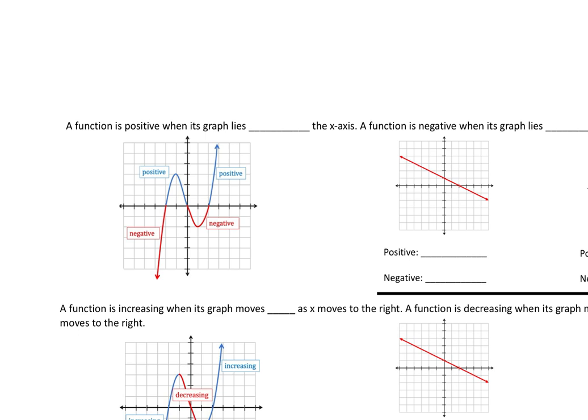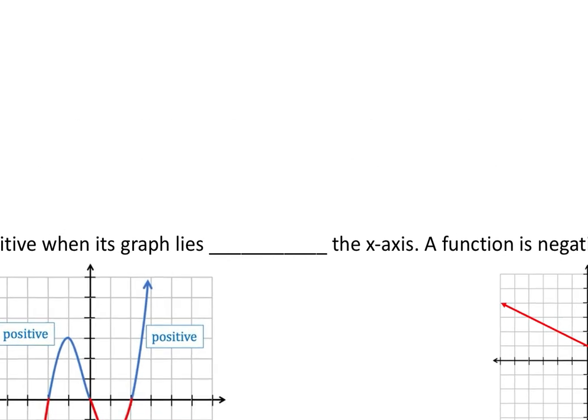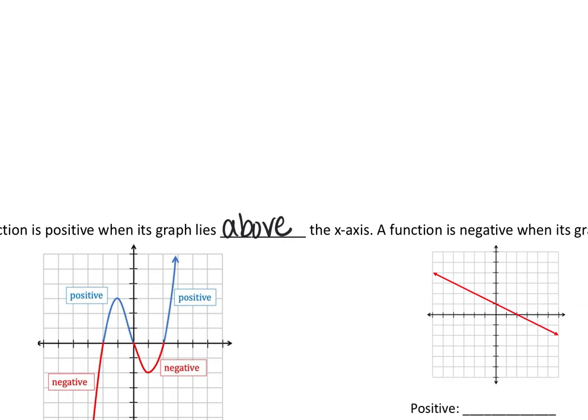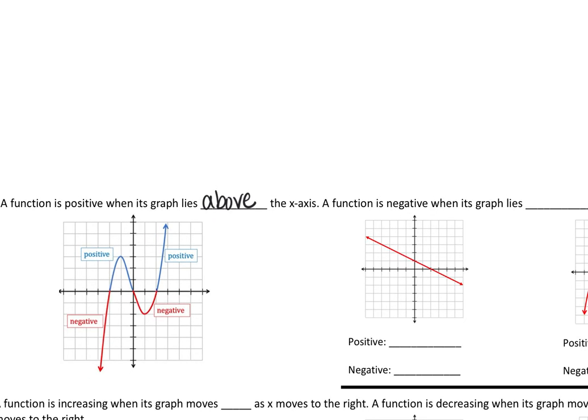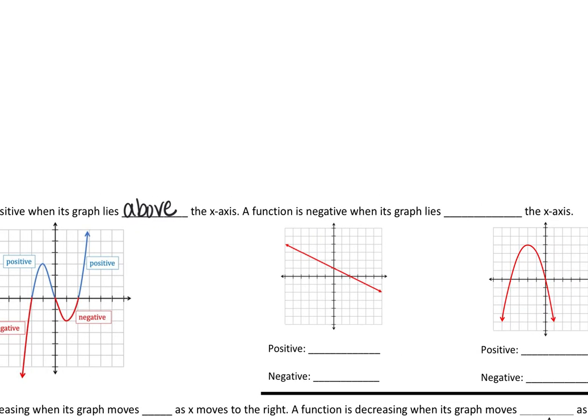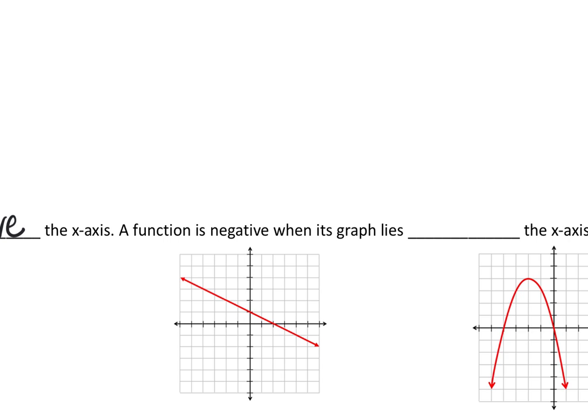A function is positive when its graph lies above the x-axis. And a function is negative when the graph lies below the x-axis.